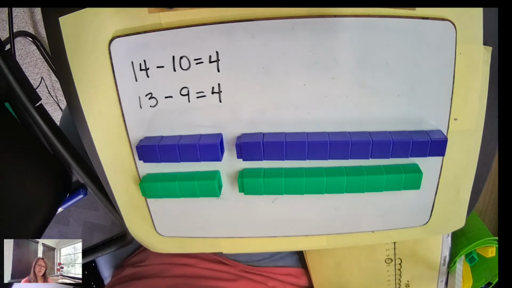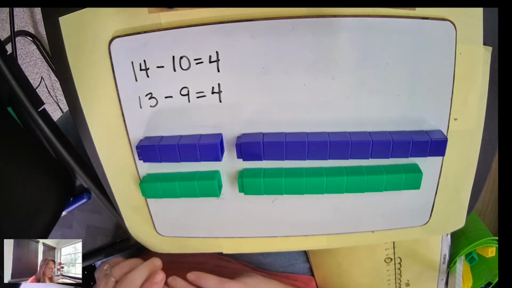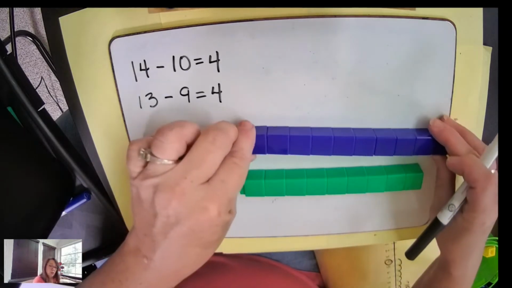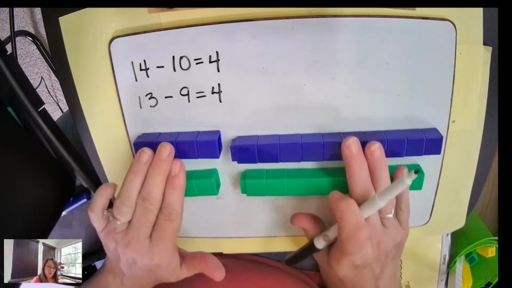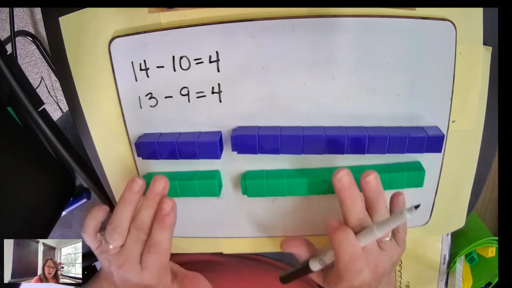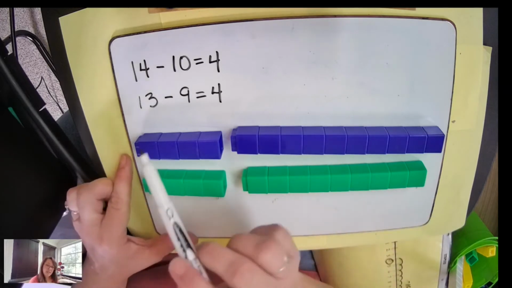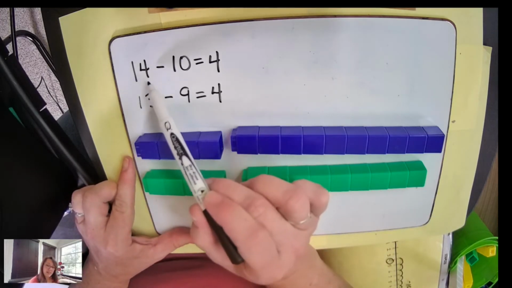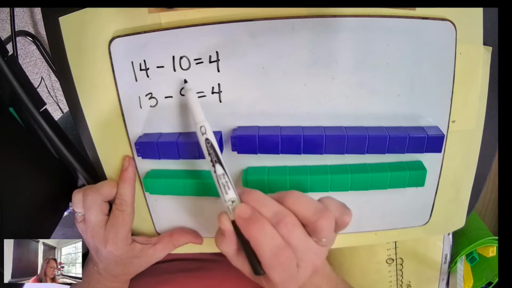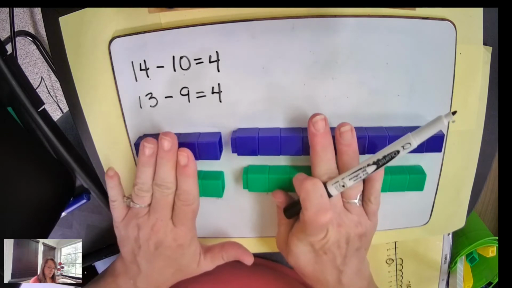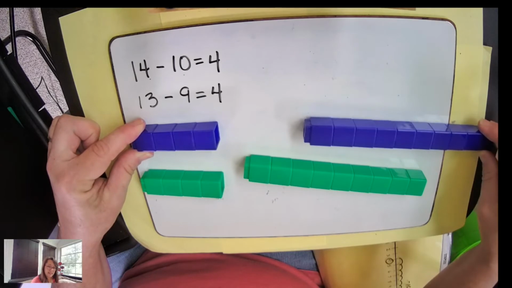Torian, I see that you have an idea that you'd like to share. Okay, Torian says that these two problems are essentially the same difference. In this problem, we started out with 14 and we subtracted 10.